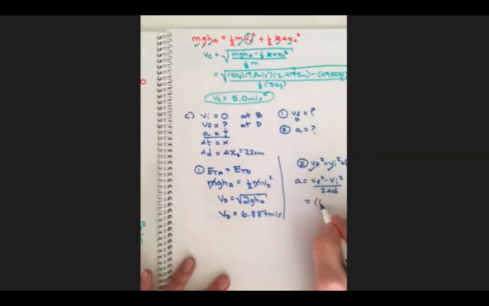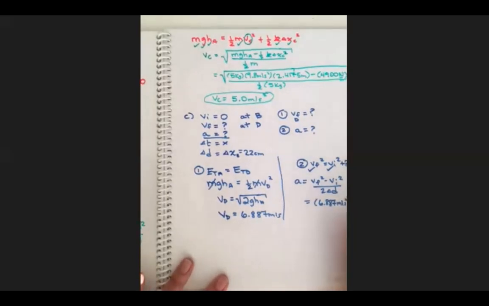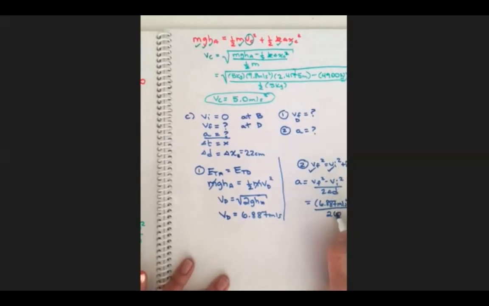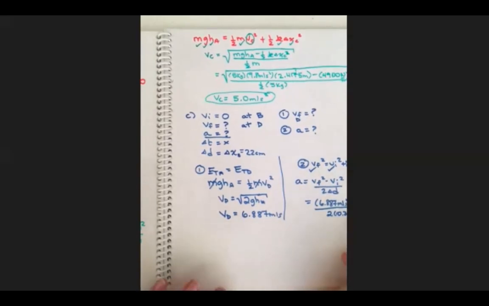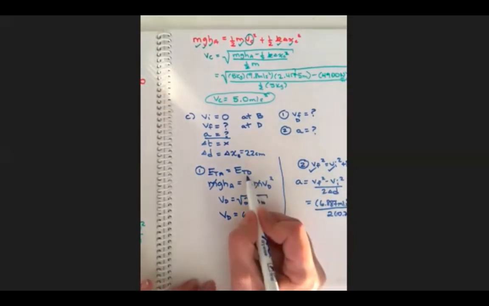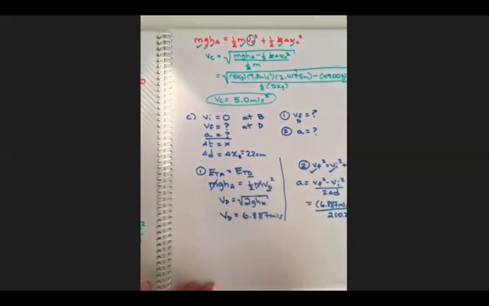My Vf, I'm going to use my answer button or a stored value, squared minus 0 squared divided by 2 times 0.22 meters. I almost accidentally used 15 centimeters here. So that's why it's really important that I have a really nice labeled diagram and I use my subscripts throughout.